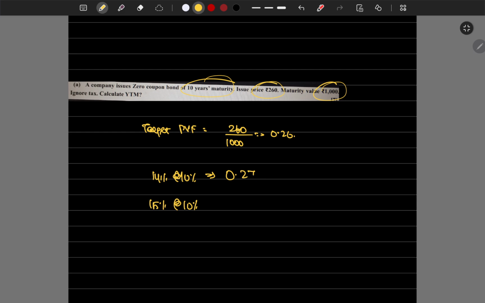We'll keep it as 0.270. 1 divided by 1.15 to the power 10 is 0.247.